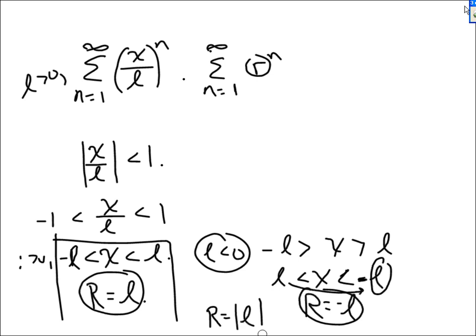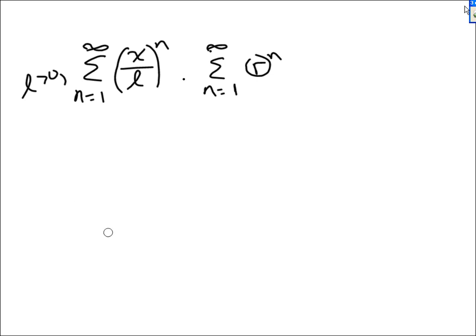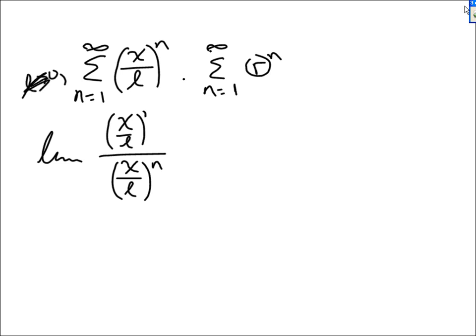Now, for the fun of it, let's see what would happen if we use the ratio test. We take the limit of a sub n in the bottom and a sub n plus 1 on top. This goes in here, x over L times.